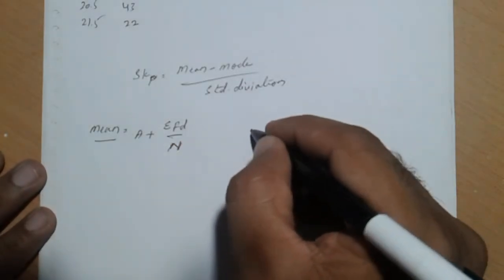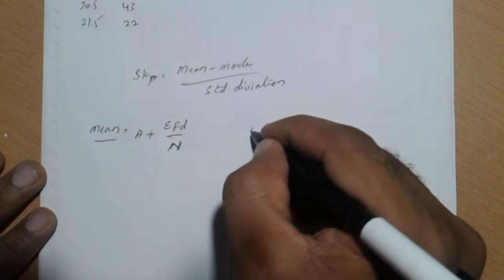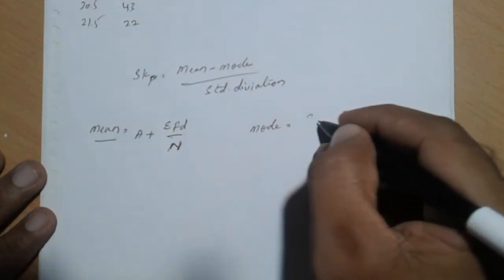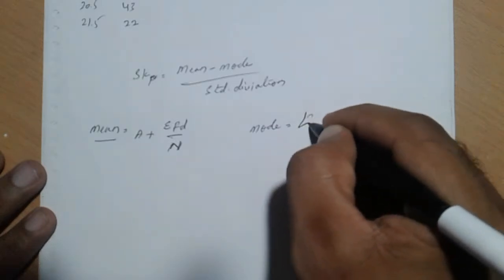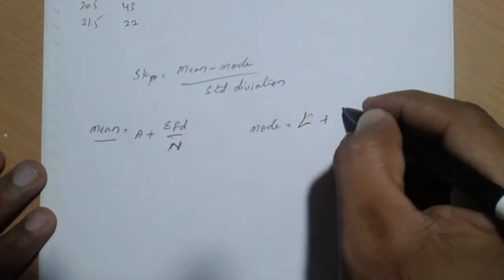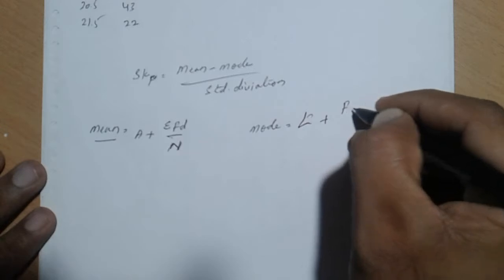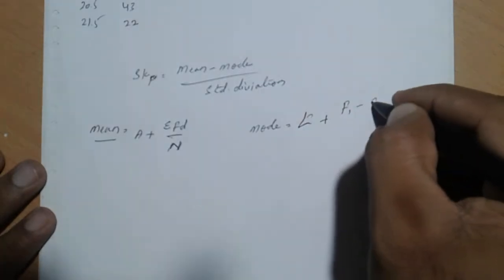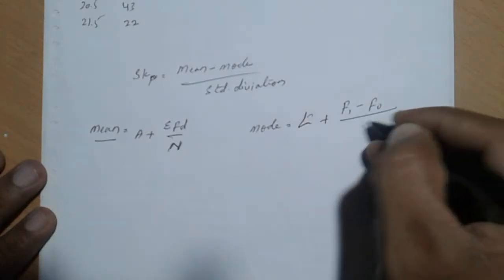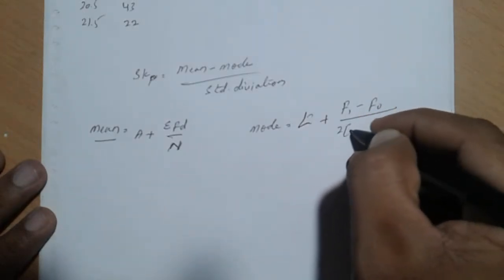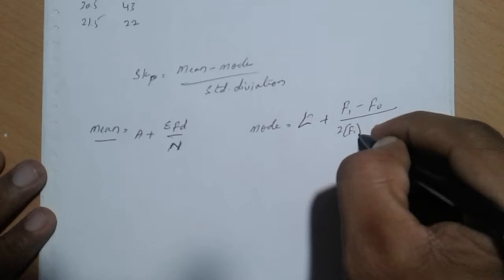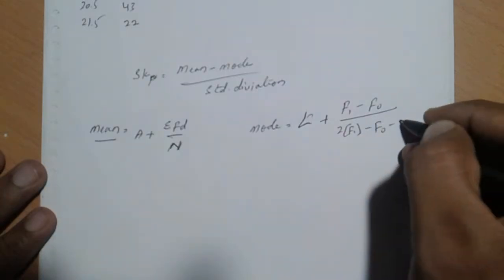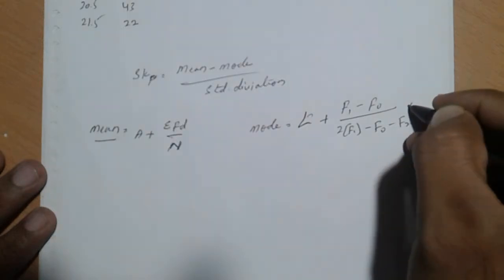And what is the mode formula? Mode is equal to L plus f1 minus f0 divided by 2 f1 minus f0 minus f2, into c.